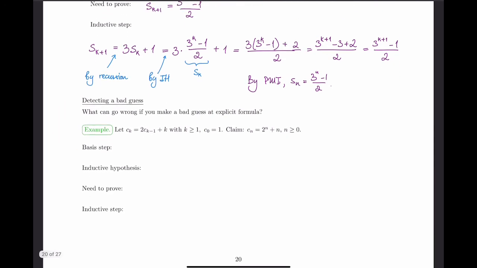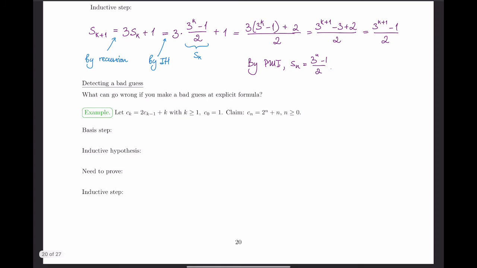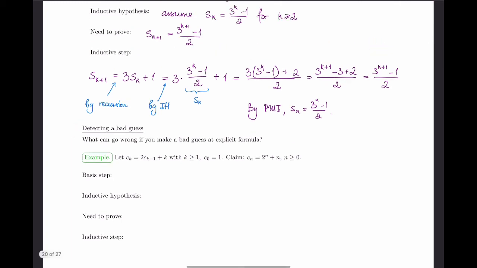So let's take a look at what can go wrong within the induction if your guess was wrong in the first place. Detecting a bad guess. So there's actually 2 things that can go wrong. First, you might not be able to even get through the basis step. And that's going to be a pretty obvious and pretty immediate failure, right?